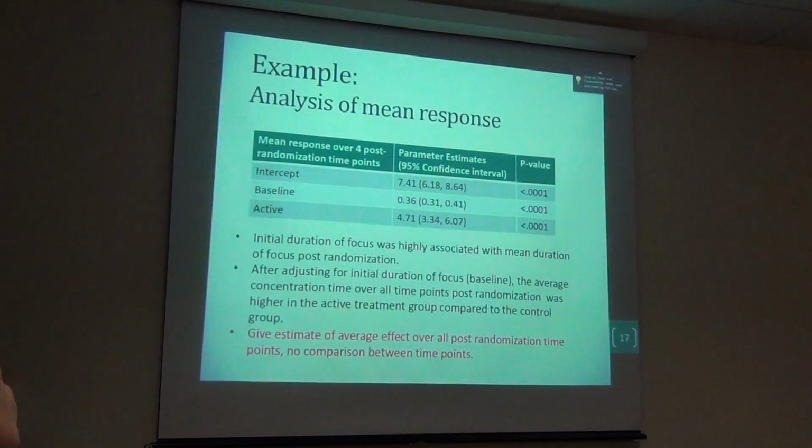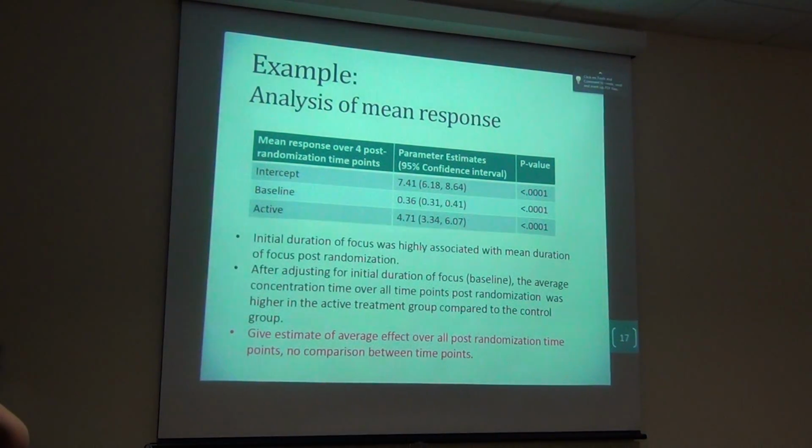Okay. Another simple analysis is to combine all the responses post-randomization and just calculate the mean. In this case, we adjust for the baseline score because we see that the baseline between the two groups is very similar. So we include the baseline in the model. Here, for people with the same baseline score, the average increase in focus duration for the active group compared to the control group is close to 5 minutes.